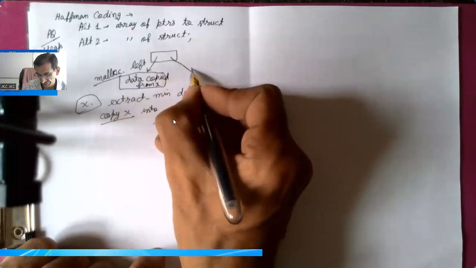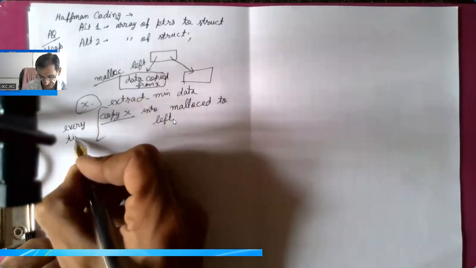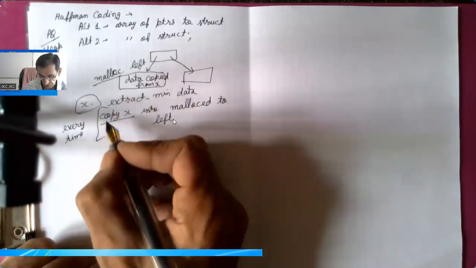So it is one and the same thing. Either way, whenever you do extraction, you have to do this process of malloc, and then every time this copying of the data.